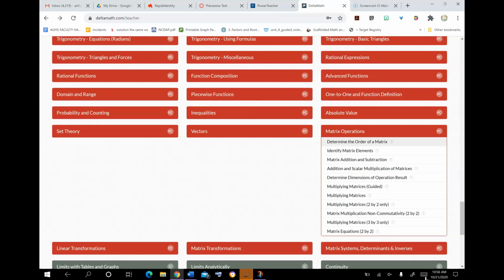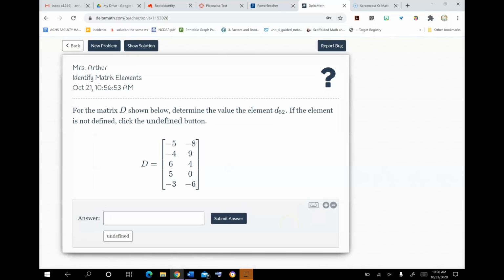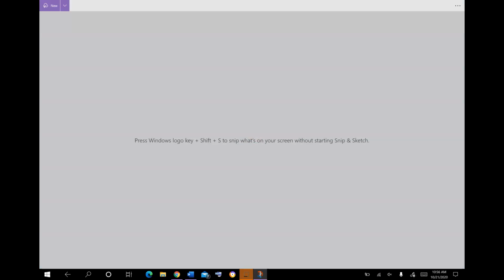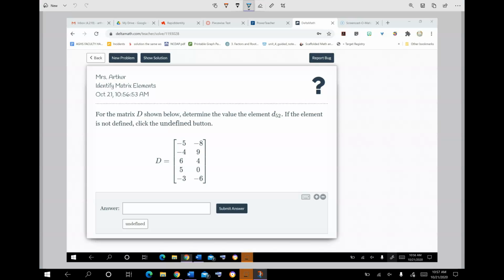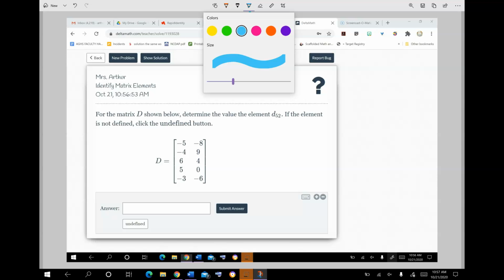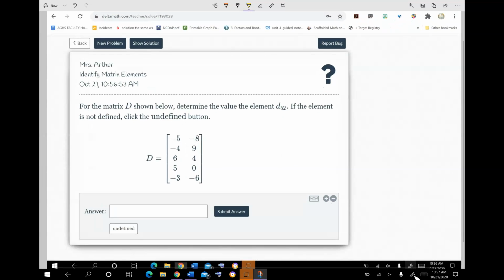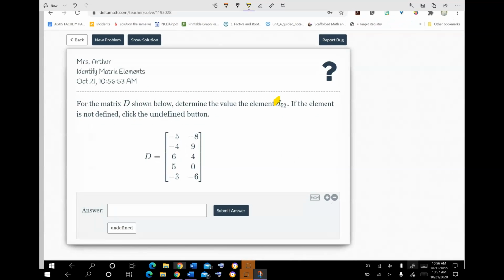The next one is going to be identifying the elements of the matrix, okay? So let's screenshot it. So it wants me to find the value of the element D52, okay?